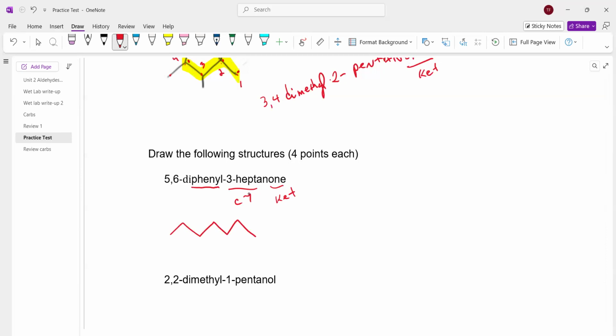Carbon number 3 is going to be the ketone. And on 5, 6, we have two phenyl groups. Okay, so that's 3, 4, 5 and 6.